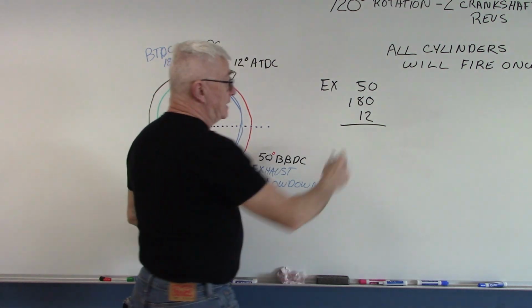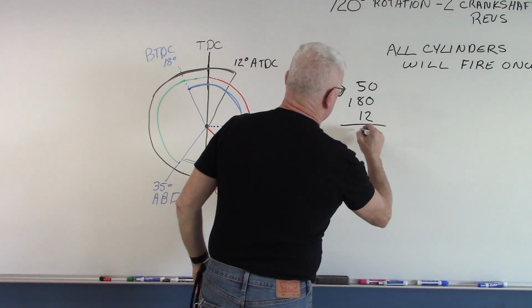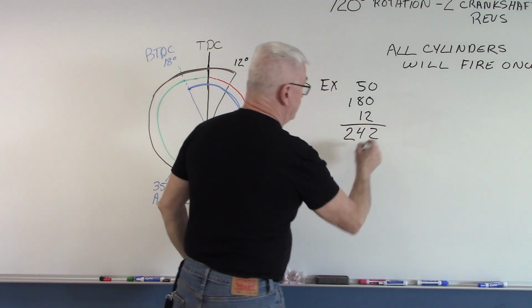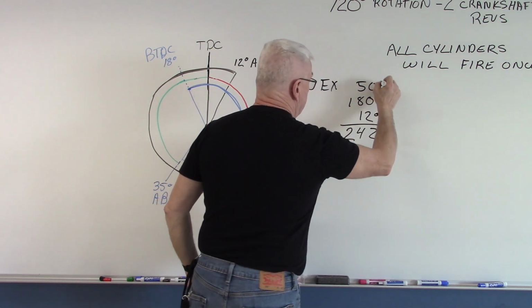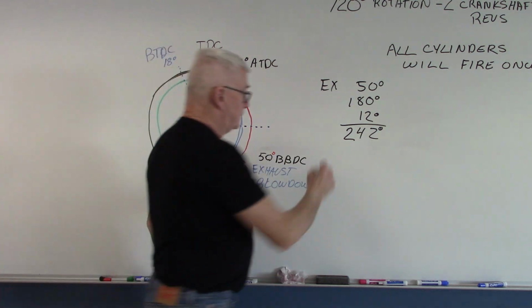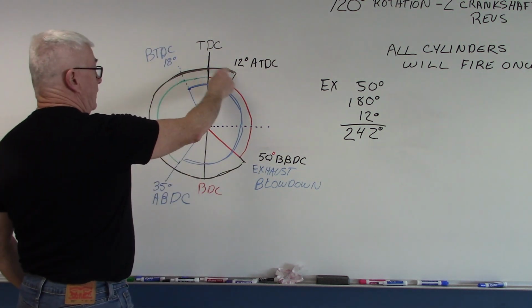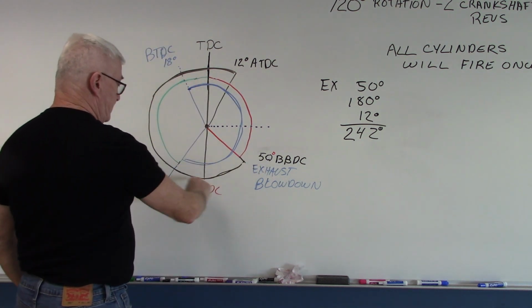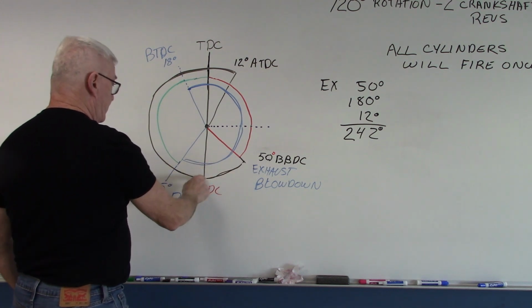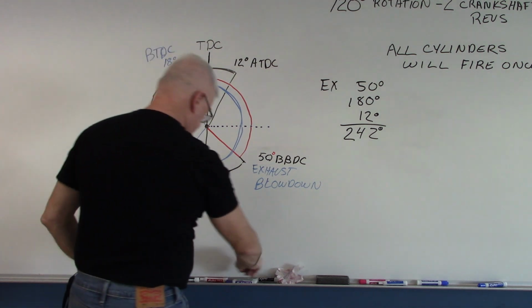It's going to give me 242 degrees of exhaust stroke. So we've added up everything related to the exhaust stroke: the 50 from here to here, 180 from here to here, and then the 12 after it.